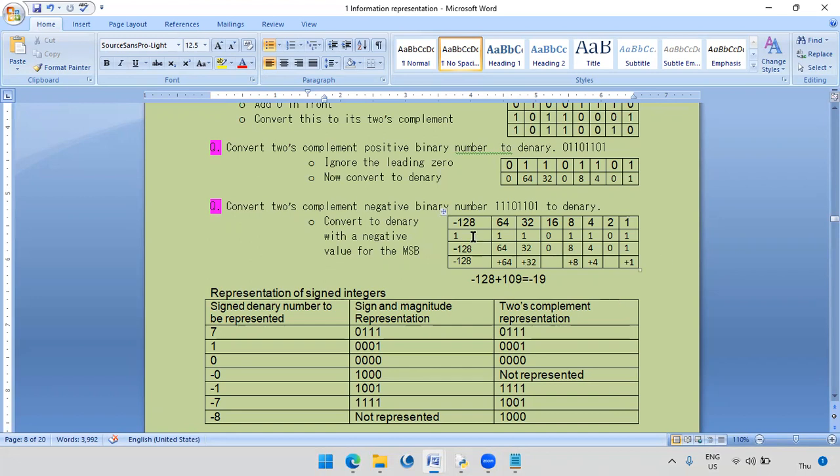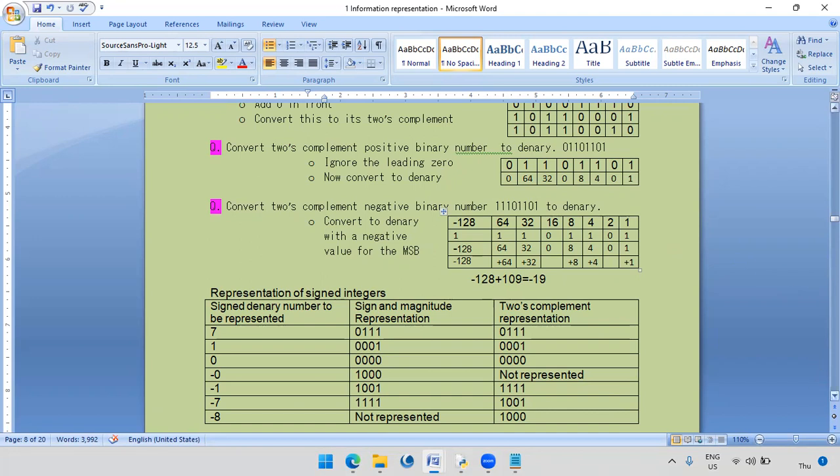And you convert. This is minus 128, 64, 32, nothing there, 8, 4, and 1. That is minus 128 plus 64 plus 32 plus 8 plus 4 plus 1, that is minus 128 plus 109, which is minus 19. So the answer to this is minus 19.